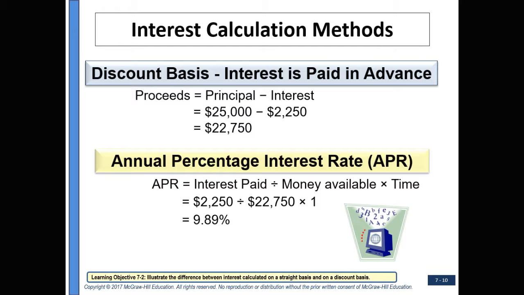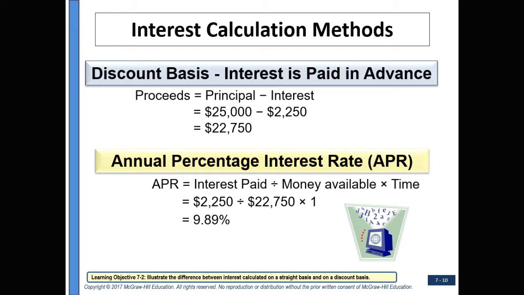So for example, if we had the same $25,000 loan at approximately 9% interest, what the bank would do is they'd say, you will owe us $25,000, say in 1 year.